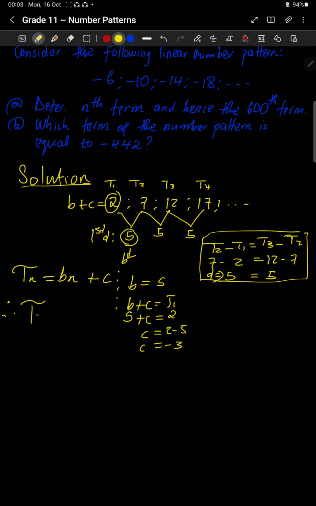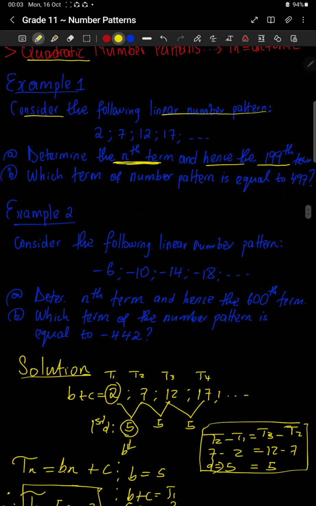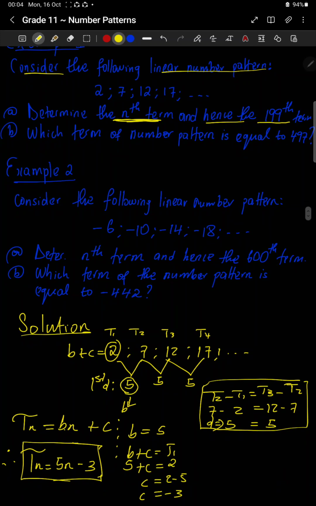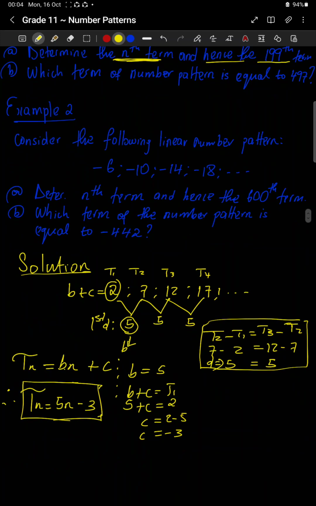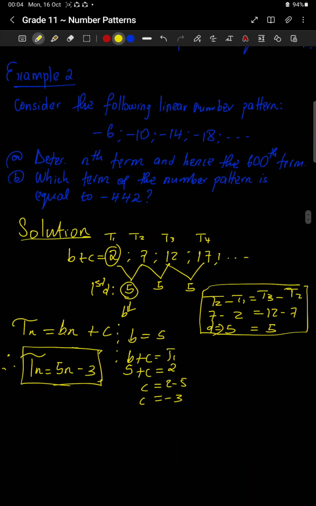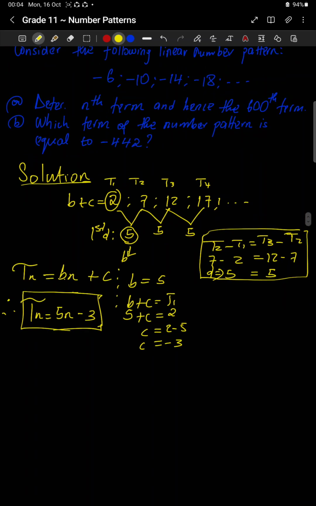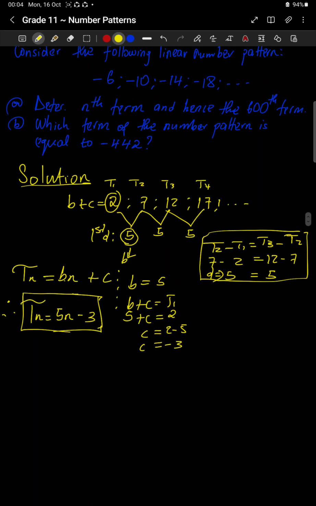So that means the formula is Tn is equal to, in the place of B, I'm going to put 5n minus 3. So this is the formula that we were required to calculate in the first question, that is number A. So now it's easy to get the 19th term, or we can also look at the second option for this question.